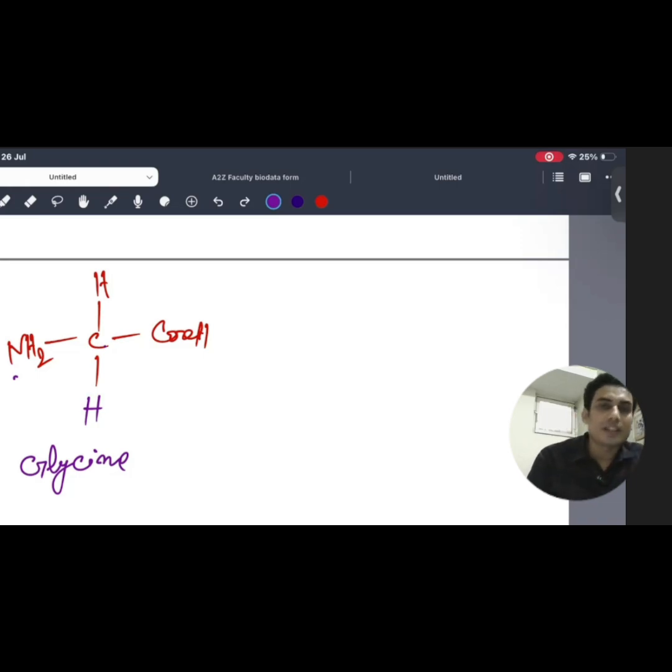Only the amino acid glycine is not optically active, that is, it has no chiral carbon. Only glycine is not a chiral molecule.